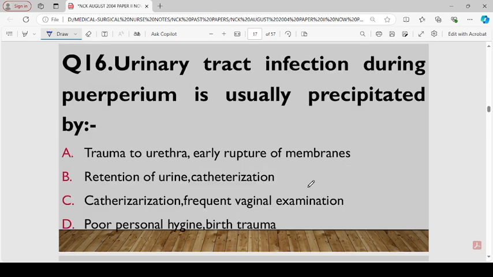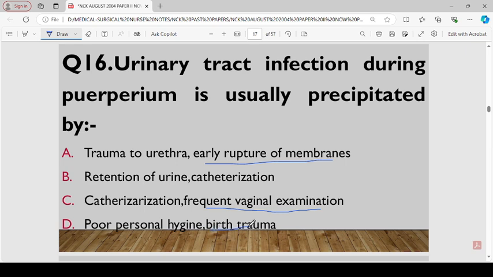Urinary tract infections during puerperium are usually precipitated by. So we have several options here. Early rupture of membranes is not a primary factor for UTIs, right? Frequent vaginal examination, also not one of them. Personal hygiene and birth trauma.